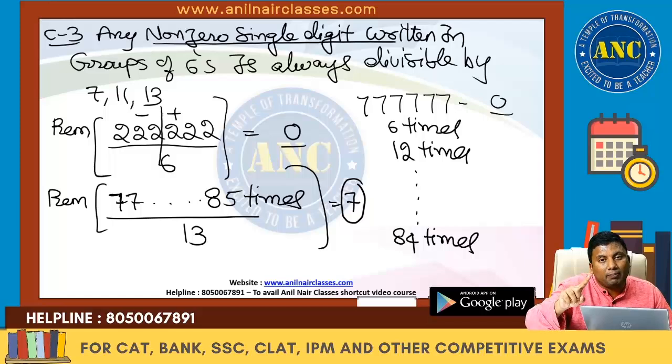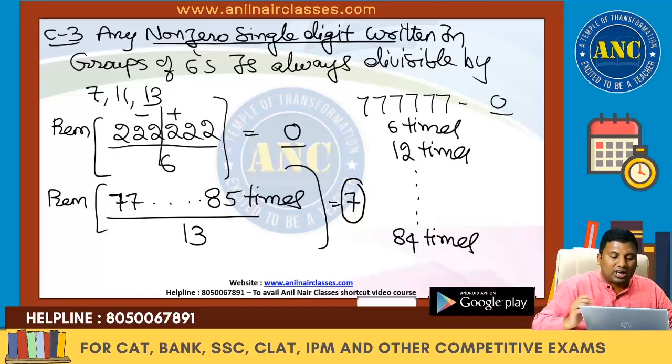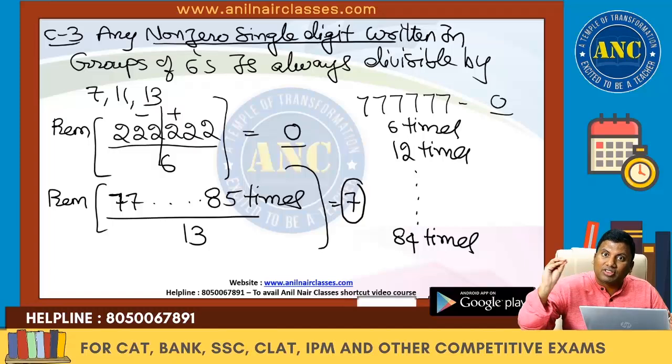Any 3 digit number written even number of times is also divisible by 7, 11, 13. What if it is a non-zero single digit? If it is written in groups of 6, it is always divisible by 7, 11, 13. 3 concepts clear? You should be able to solve a lot of questions. Suppose one more question.